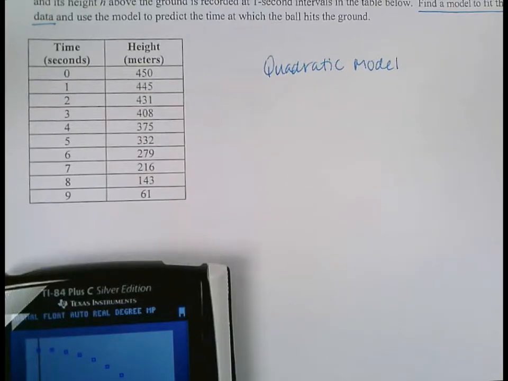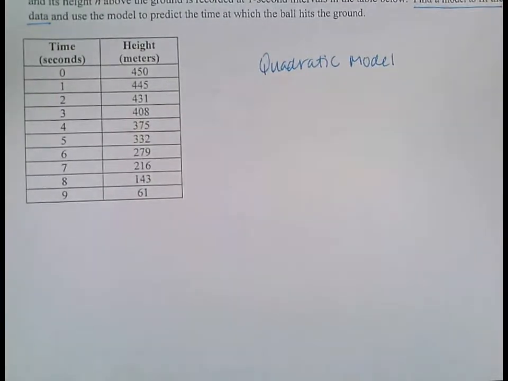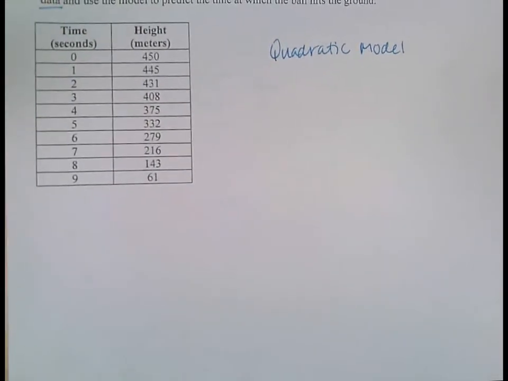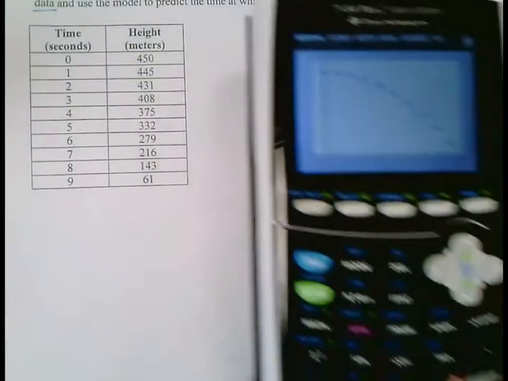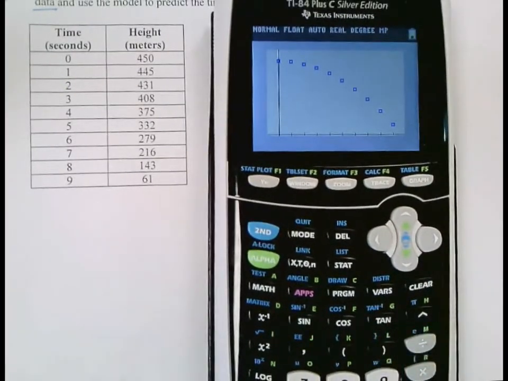Many of the problems will specify what model to use, or will clearly be a linear or quadratic model, so that you're not guessing which regression function to use. So if we're using a quadratic model, we need to do the quadratic regression on the calculator. The way we do that is the same as linear. We're just choosing quadratic instead of linear.